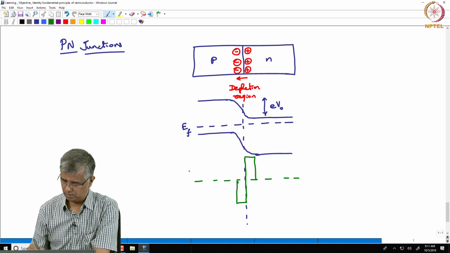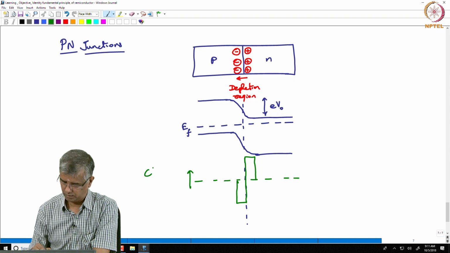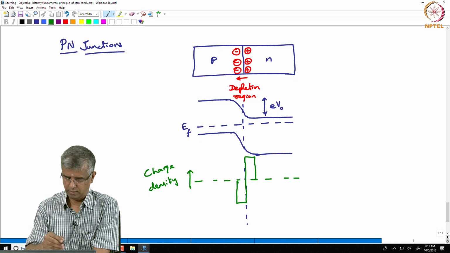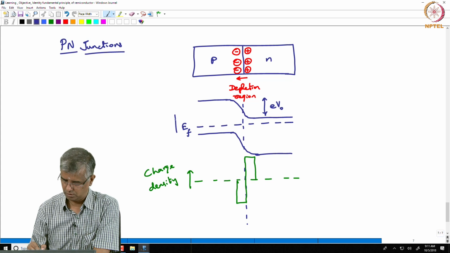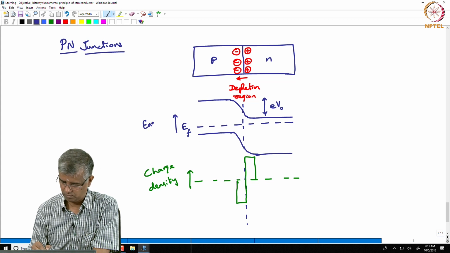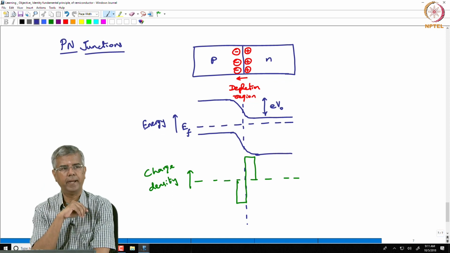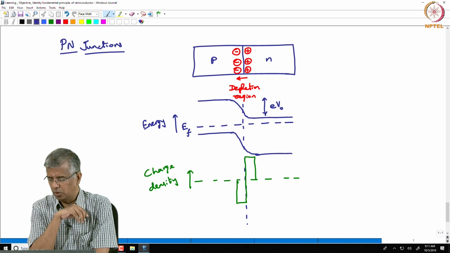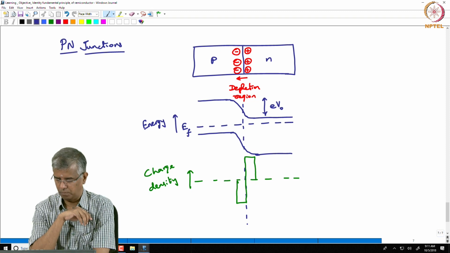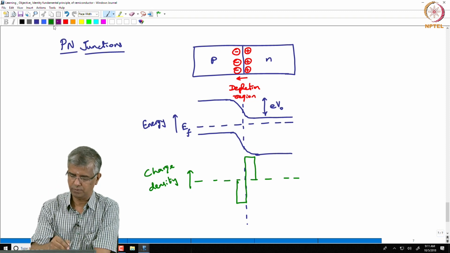So, this is in terms of charge density, right, and just to make sure, this is in terms of energy over here, right.